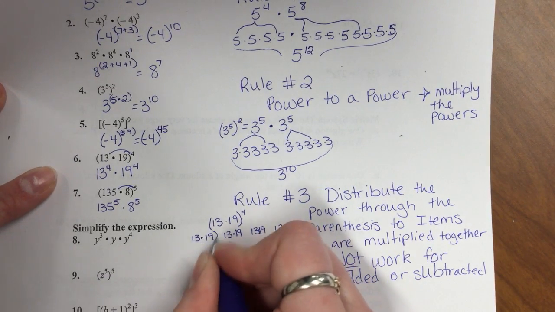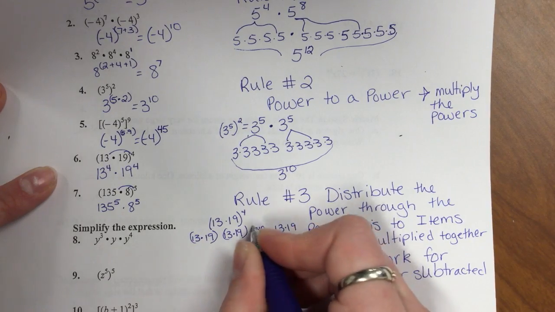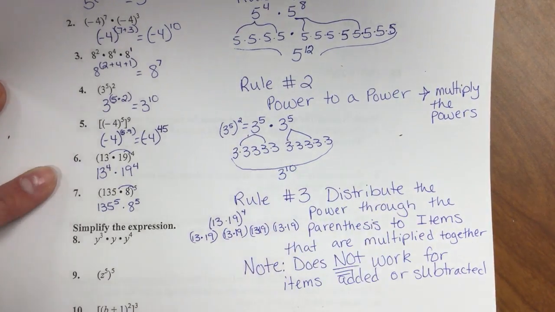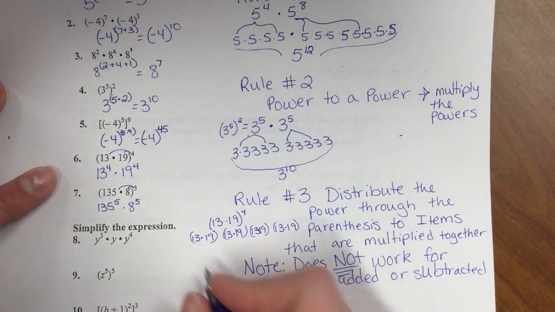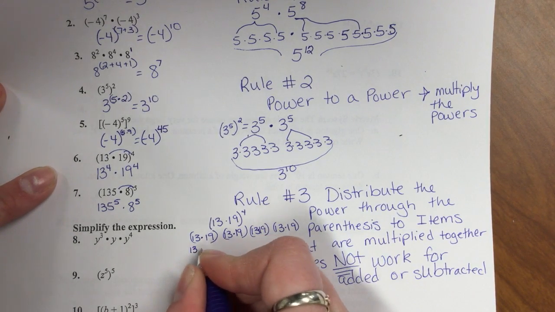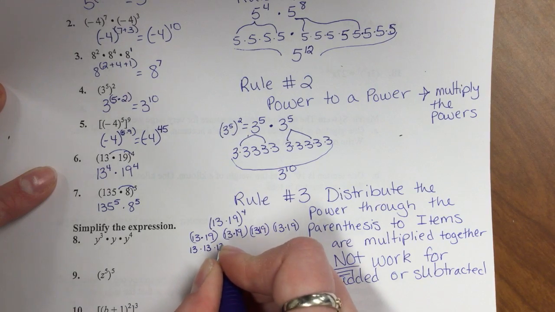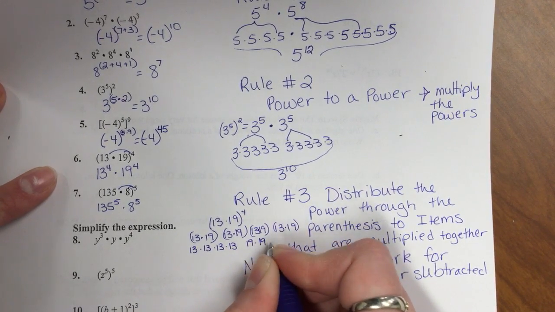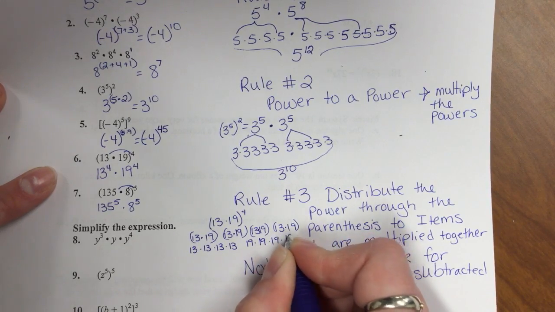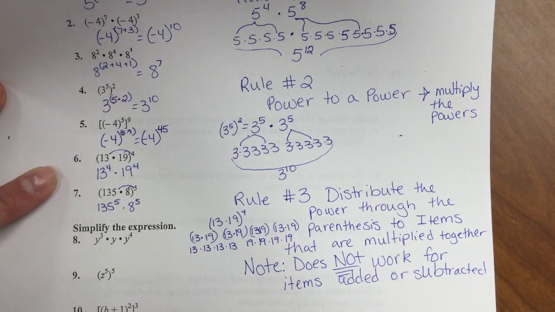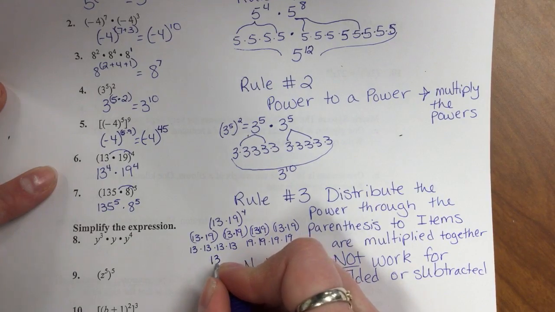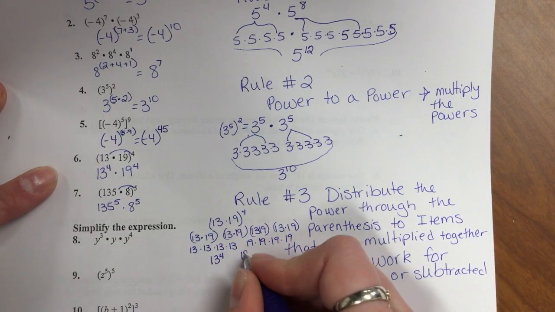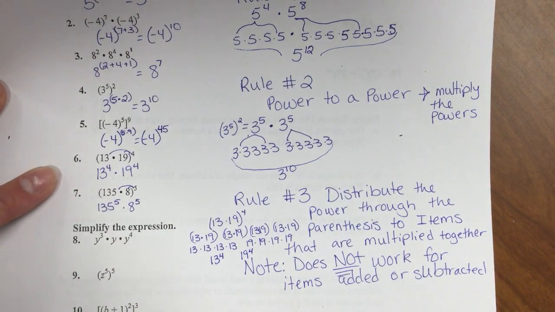Since we're multiplying, we can do that in any order. So I'm going to pull all the 13s out next to each other: 13, 13, 13, 13, 19, 19, 19, 19. That is 13 to the 4th, and that is 19 to the 4th. That is why that one works.